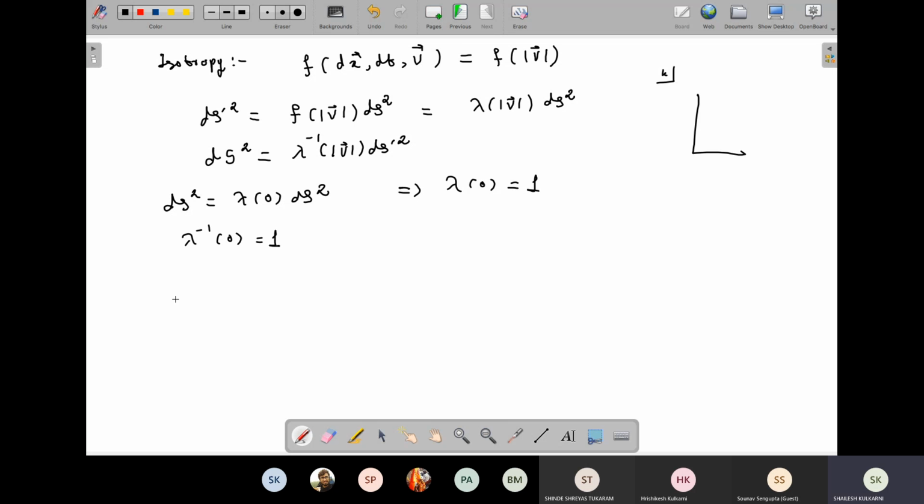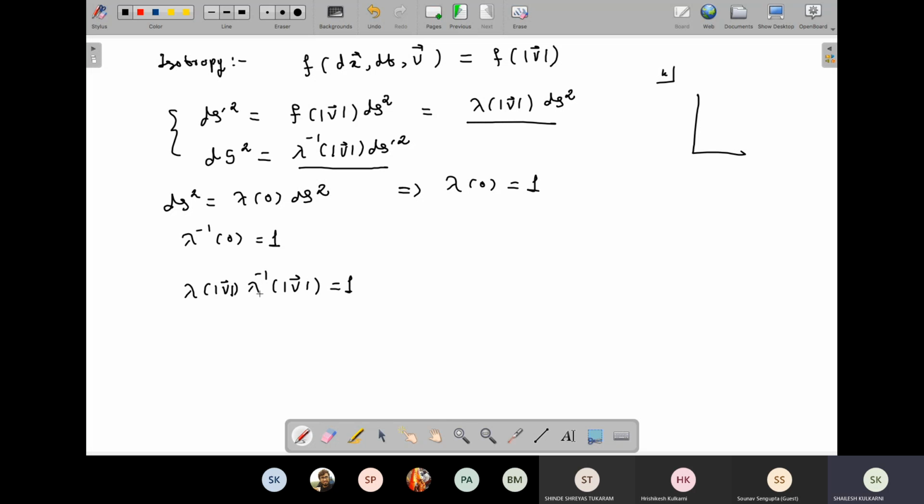Now suppose I use these two equations, ds prime square and ds square, then I will get lambda of magnitude of v, times lambda inverse of magnitude of v, must be equal to 1.